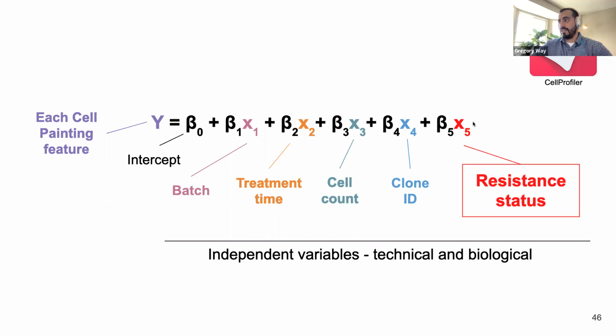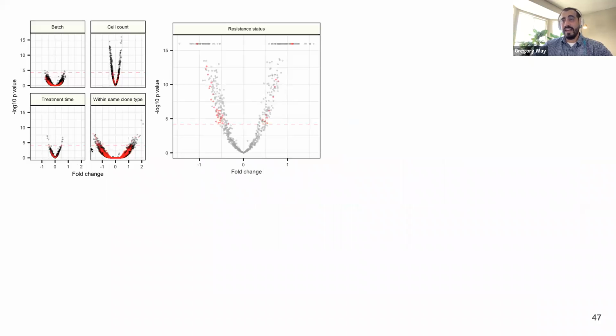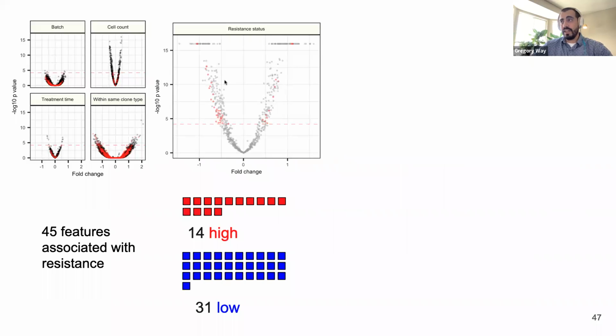Our approach was essentially to select only the cell painting features that contributed to this status, rather than the other technical covariates. And so we did exactly that, and we identified a whole bunch of different cell painting features that were distinguishing wild type from resistant cell lines.